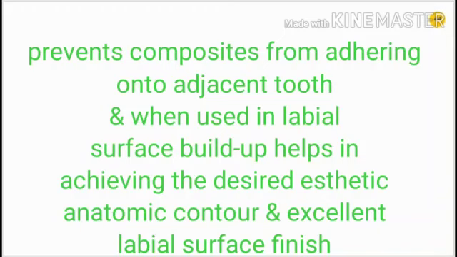It prevents the composites from adhering onto the adjacent tooth surfaces, and when used in labial surface build-ups, it helps in achieving the desired aesthetic anatomic contour and excellent labial surface finish.